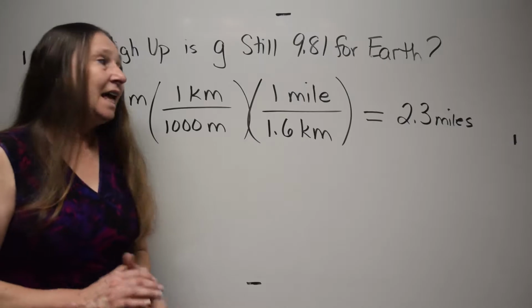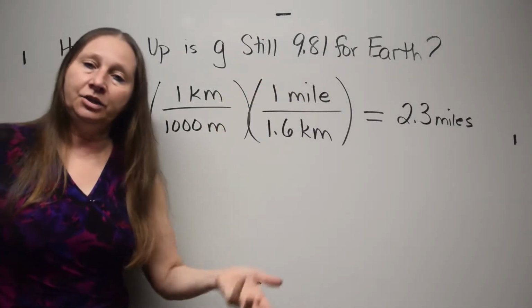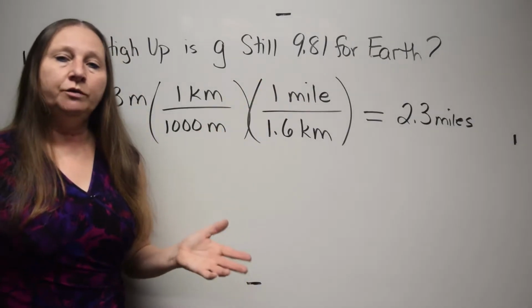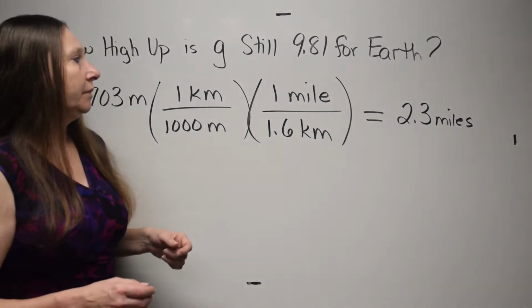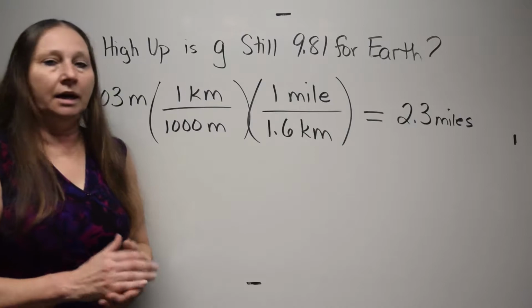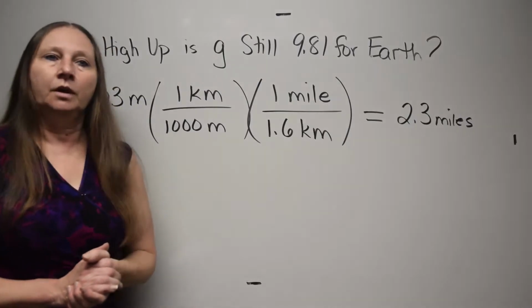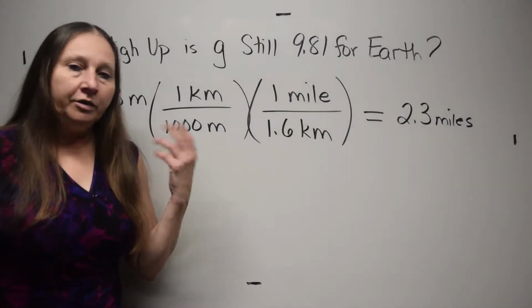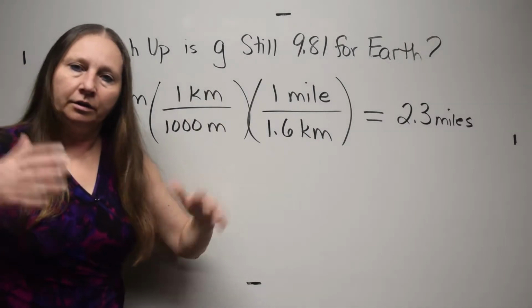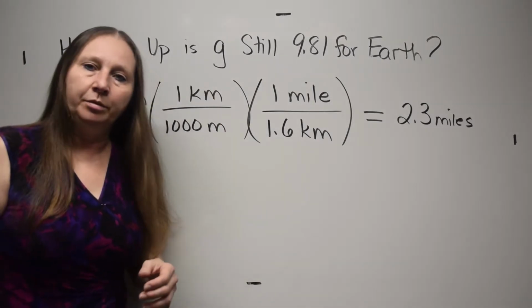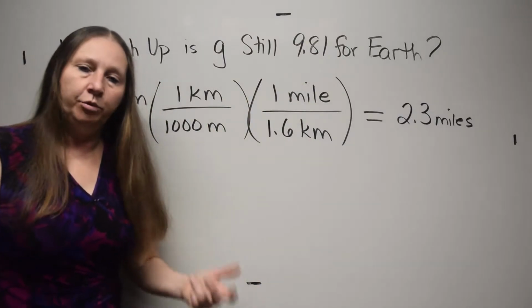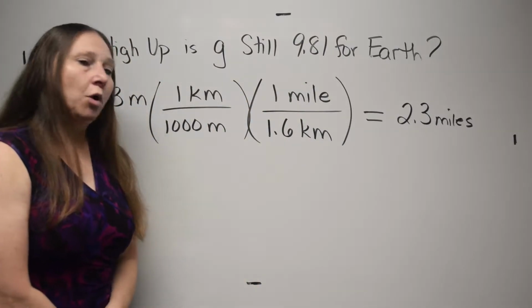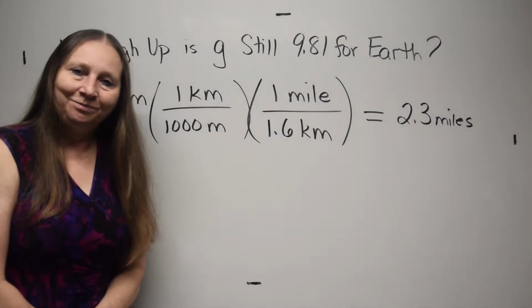But that's why we call this a constant, because for most of what we do, throwing a football around, or even some helicopters, everything we do down here, below 2 miles up, the acceleration due to gravity for the Earth is 9.81. So that's why it's a constant.